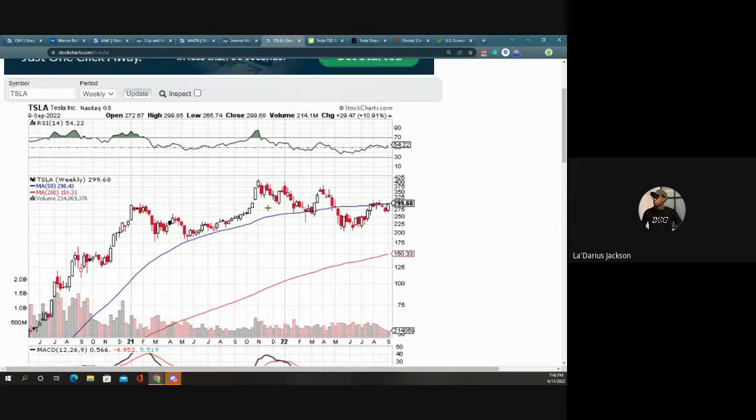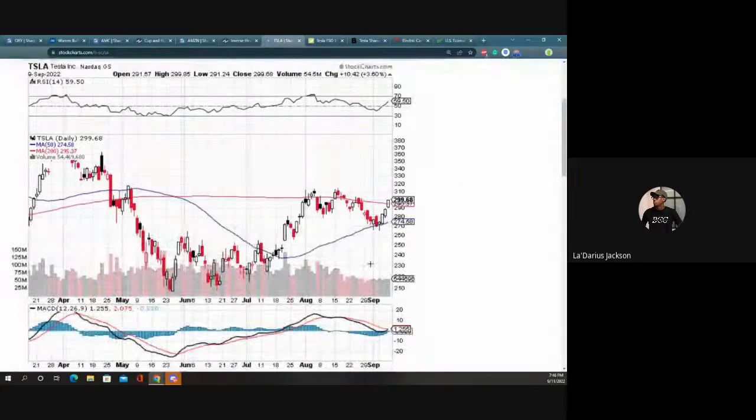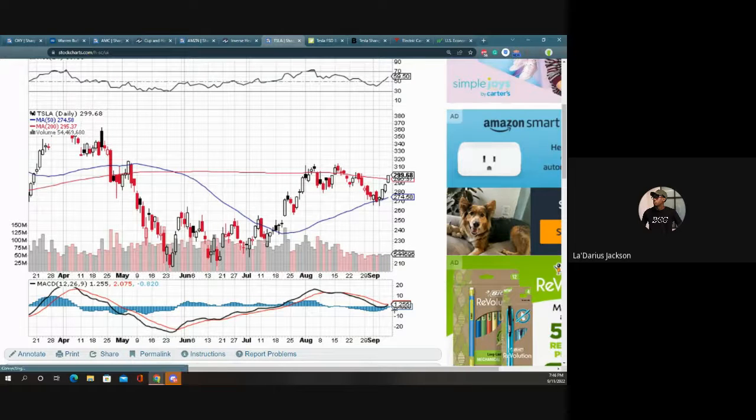Tesla on the daily, this crossover is probably happening tomorrow. It's so close. I thought it was going to happen Friday, but people are buying. That's 4 days of buying. I think Monday, a high volume day, is probably going to be another crossover to the upside. So that's one part of my research.